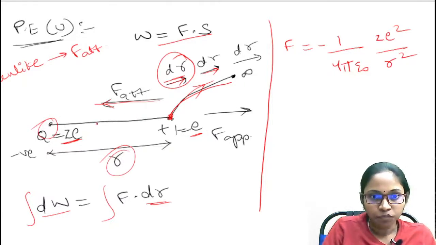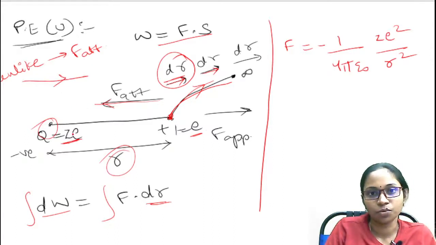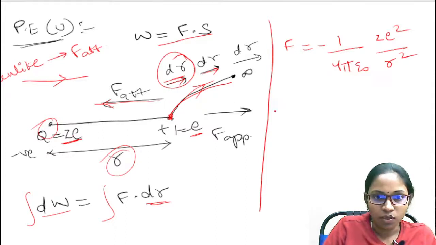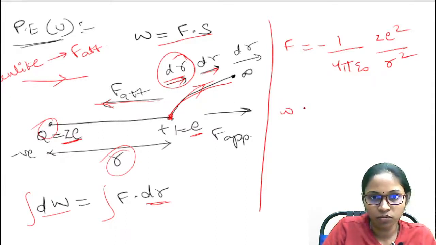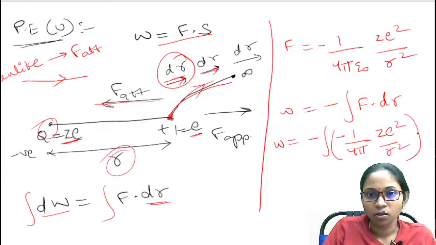Here I am applying the force in the opposite direction to the attractive force, therefore the work done is negative. So the integration of dw will be W, which is equal to minus integral of F dot dr. Work done is equal to minus integral of minus 1 by 4 pi epsilon naught Ze square by r square into dr. I just substituted the Coulombic force of attraction in this equation.